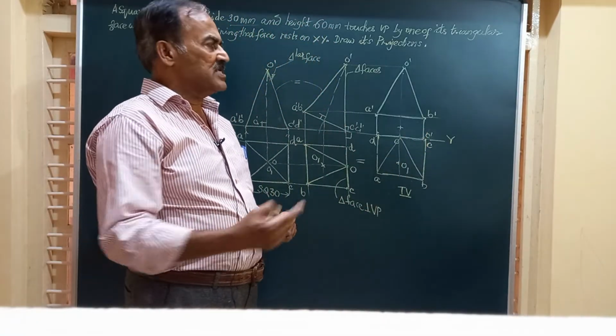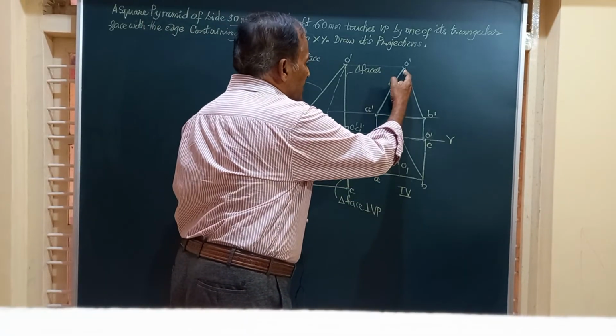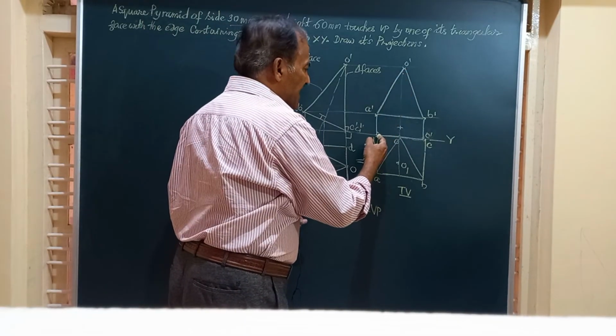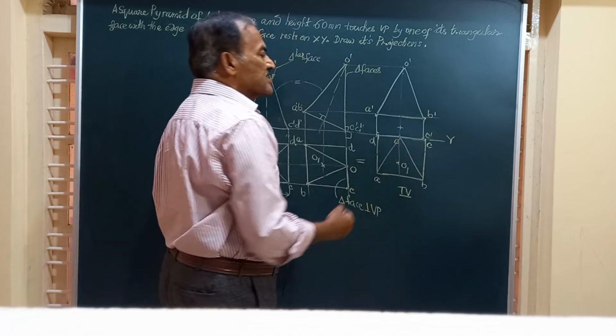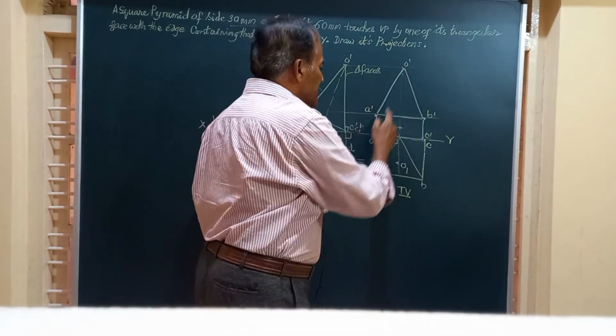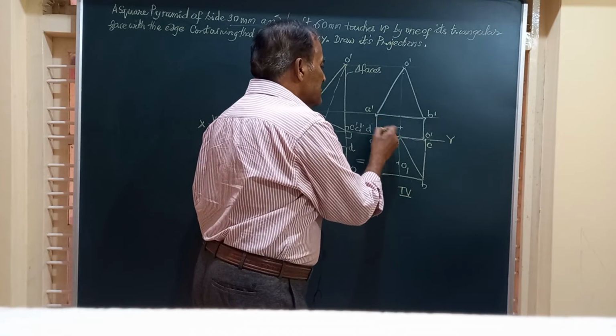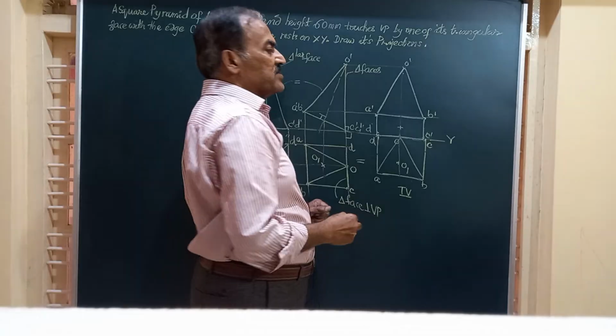Now, there is a very important principle here. When you join O dash to D dash, it intersects A dash B dash. I will repeat. When O dash is joined to D dash, it intersects this edge A dash B dash.